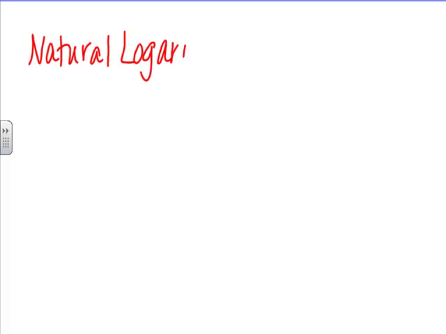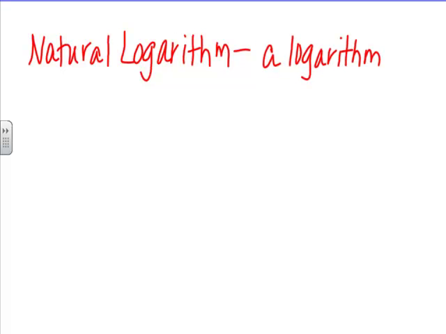Okay, last thing I want to talk about is what we call the natural logarithm. Basically, unlike the common logarithm whose base is 10, a natural logarithm is a logarithm with base e.